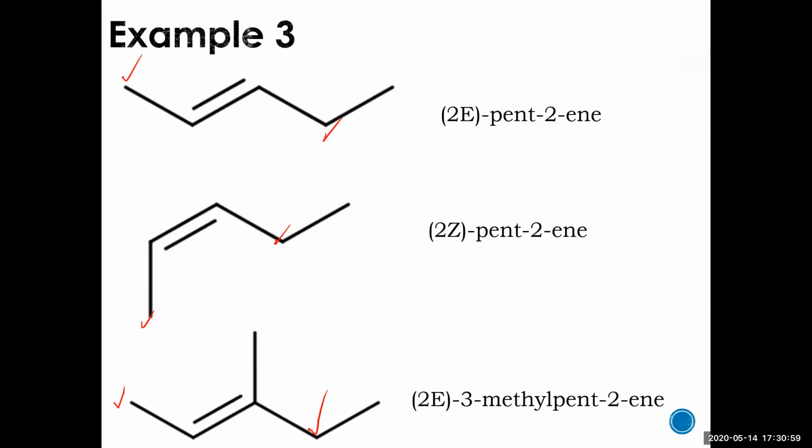That's a very good question. If that becomes an ethyl group, so you would have 2 ethyl groups, then you wouldn't have EZ at all because they're exactly the same. If they're exactly the same, why are we distinguishing between the two? So we just omit the EZ for that situation.